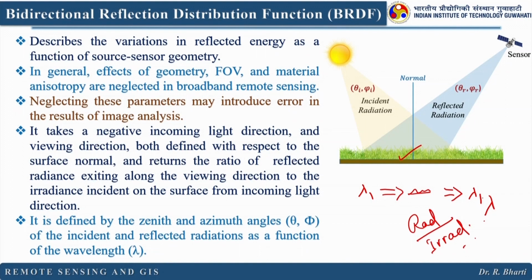So, here we always take care of this wavelength. We never use different wavelengths with each other. They are separate and they are measured separately and they are used in analysis separately.